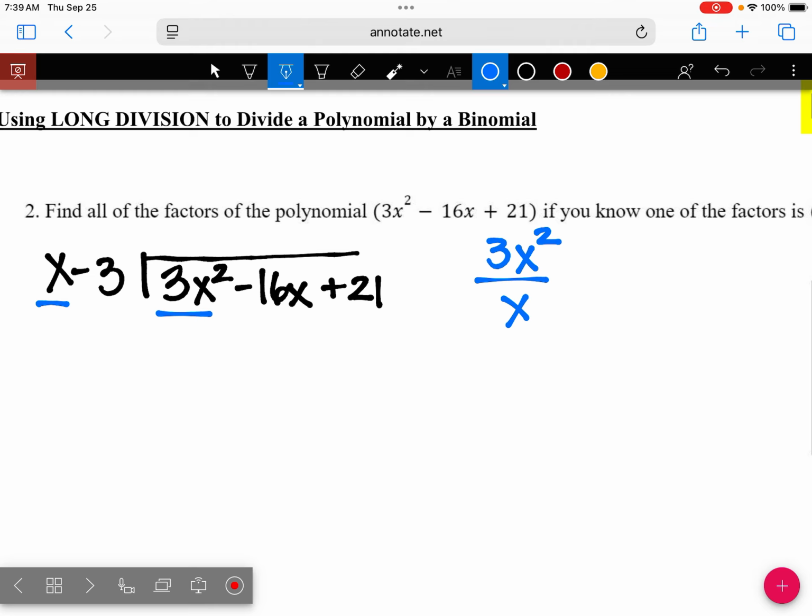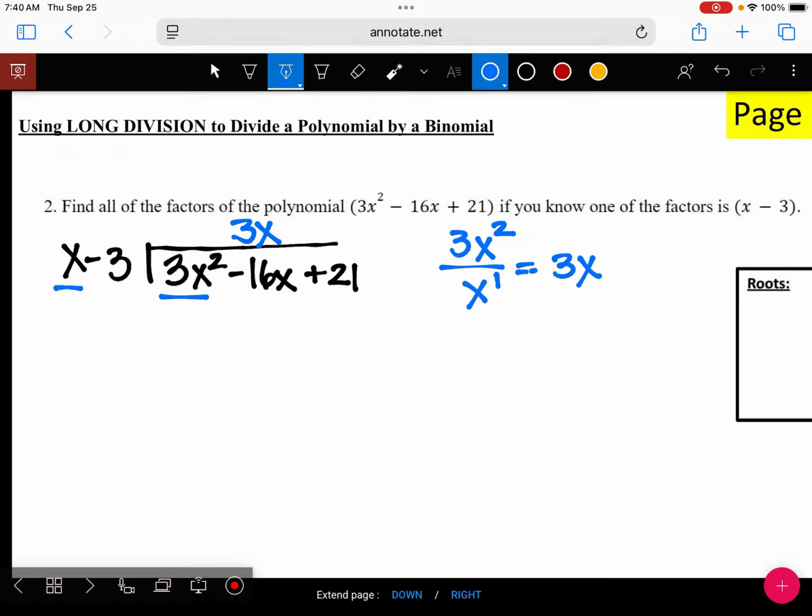What's 3x squared divided by x? 3, yeah. And then what about when you take the 2 minus 1? 2 minus 1, you get 3 and an x. That's what you have left. So 3x, put that on the roof. Step 2, take the 3x and multiply it by x minus 3. Go ahead and do that.